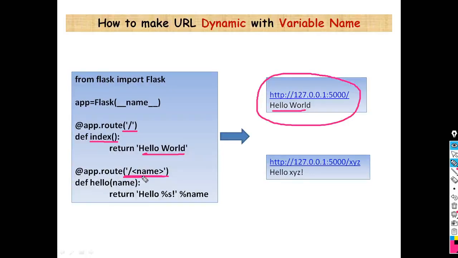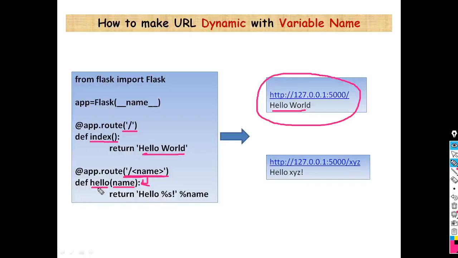We can pass any name as an argument, and the function associated with this one is hello. Whatever arguments we pass in this URL, you should pass this variable name as an argument to that particular function. The function name is hello, and the parameter which we are passing here is name, so we have to pass it to that function.